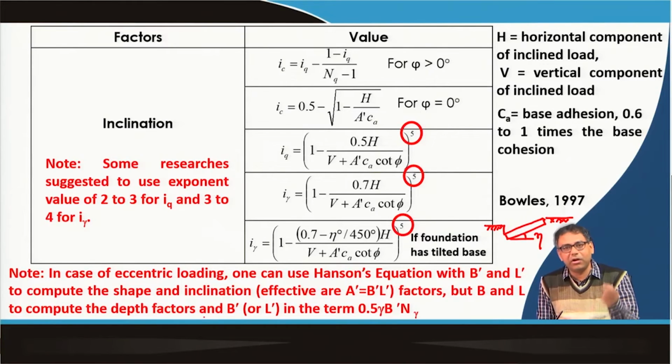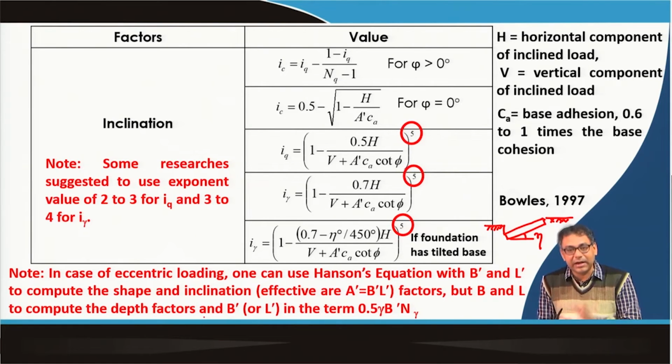Vertical load will always act vertically, but horizontal load will act horizontally, and there is a provision that it can act parallel to the length or parallel to the base width also. So, that provision can be incorporated in Hansen's equation and Vesic's also.